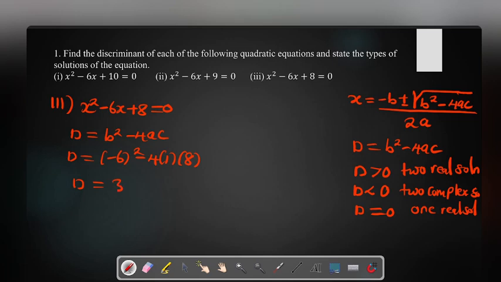The discriminant is positive 4, which is greater than 0. Since the discriminant is a positive number, we're going to get two real solutions for this question.